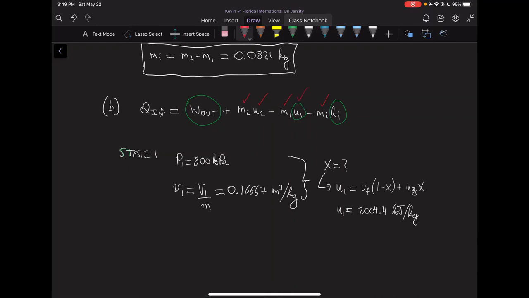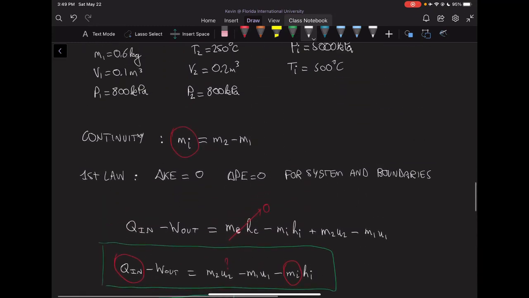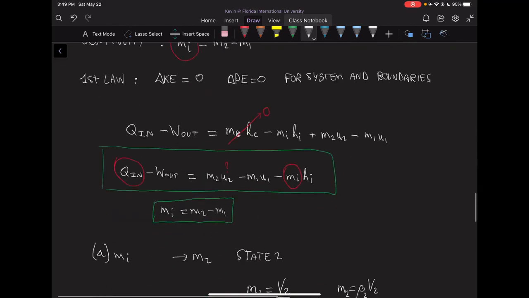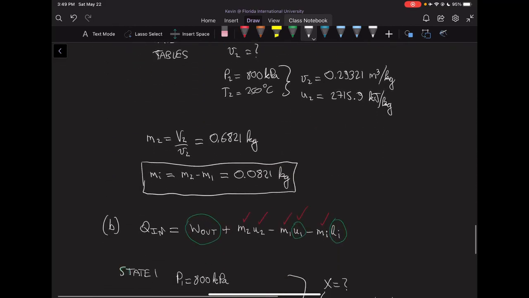So now let's try and find HI, sorry, not H1. So HI, you can get from tables as well. And for the inlet state, we have the following things. We have that Pi is equal to 5,000 kilopascals and Ti is equal to 500 degrees Celsius.